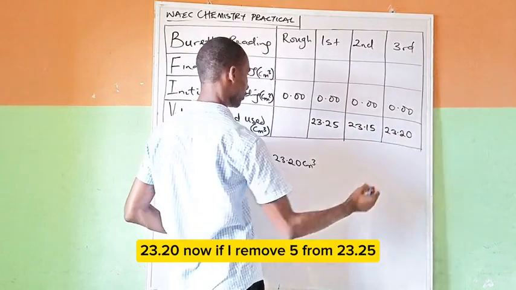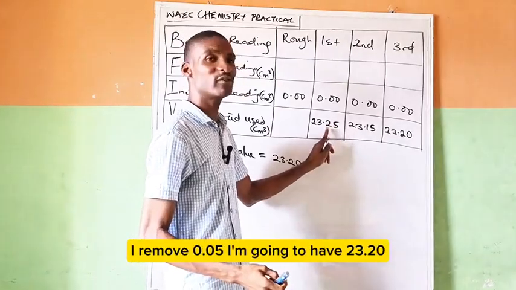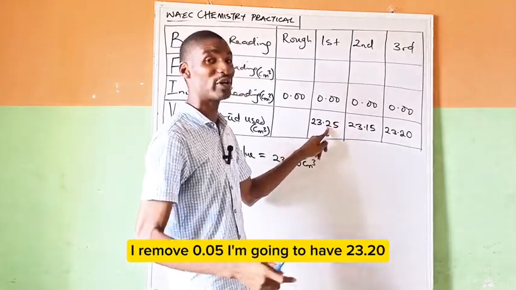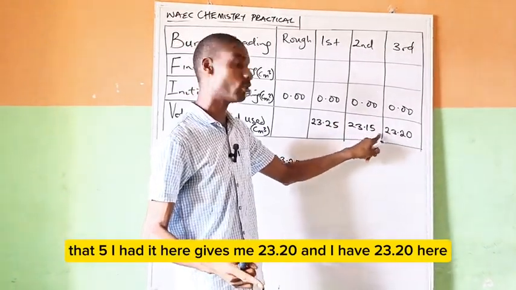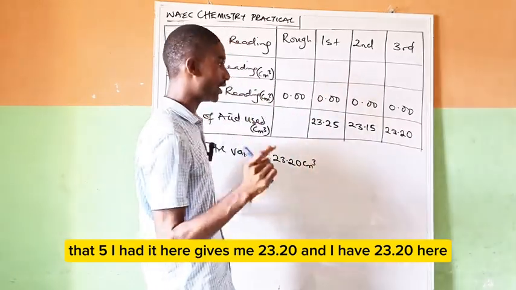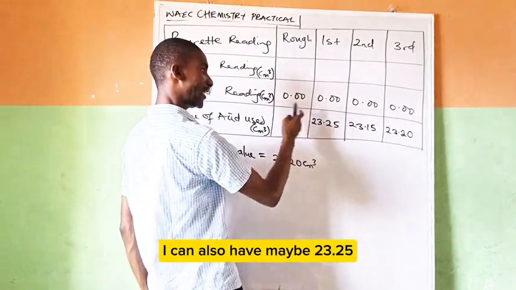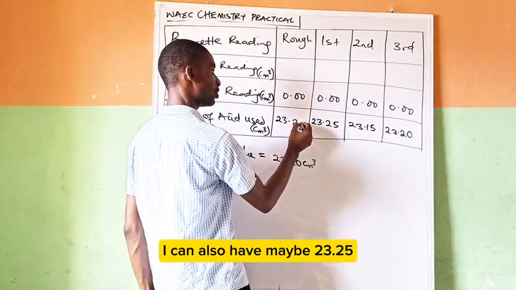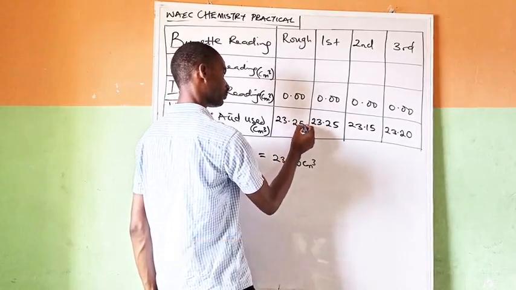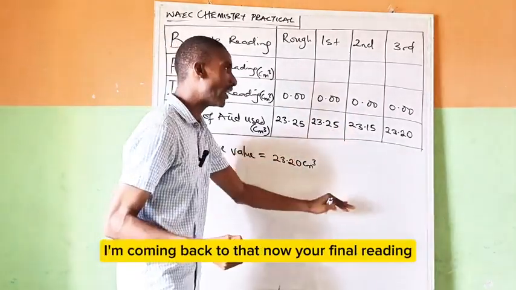If I remove 0.05 from 23.20, I'm going to have 23.15, and that 0.05 I added gives me 23.25, and I have 23.20 here. Now my rough, I can also have maybe 23.25. Okay, the implication of that, I'm coming back to that.